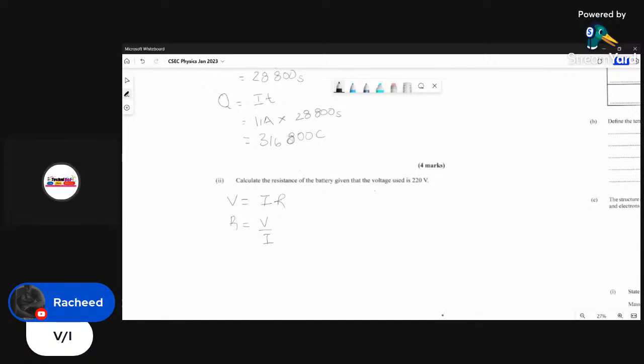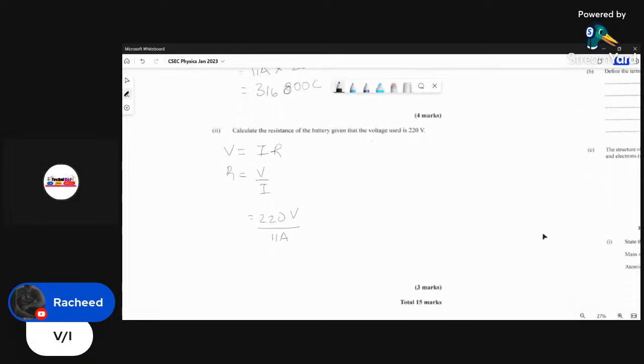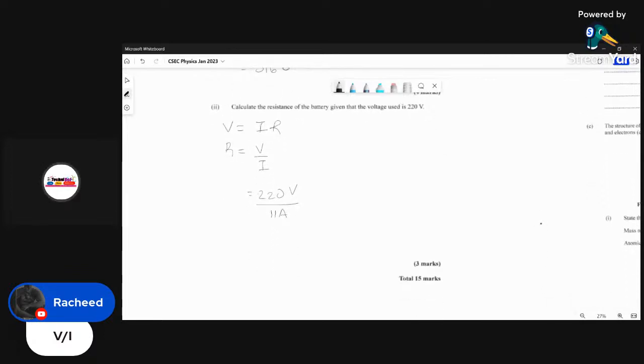The voltage we got is 220 volts, and the current we got was 11 amperes. So with that, 220 divided by 11 gives you 20 ohms. Excellent.